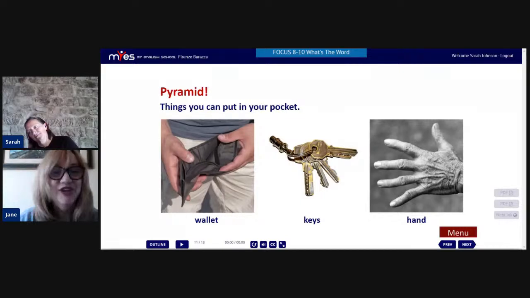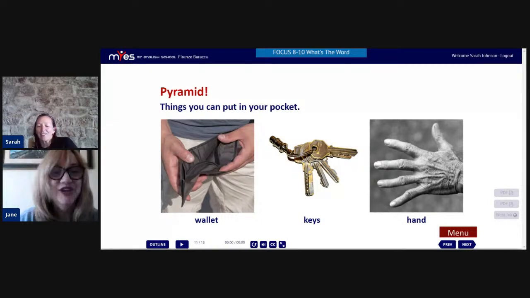We put it into a lock to open a door, to open the car, to open a safe sometimes. What are they made of? They're made of metal, usually either silver or gold color. And we tend to lose them all the time.